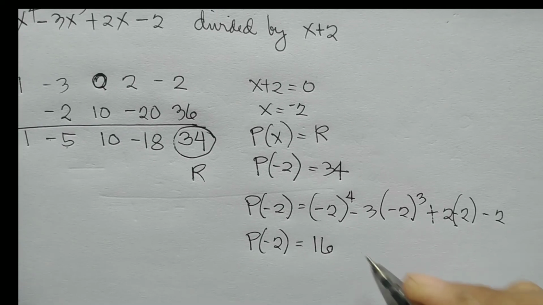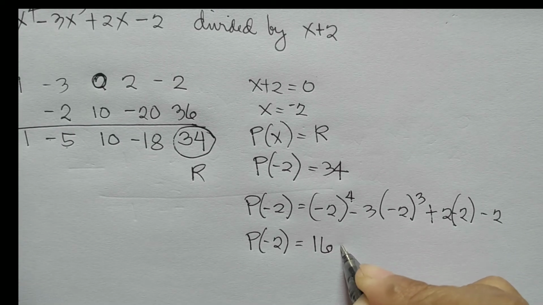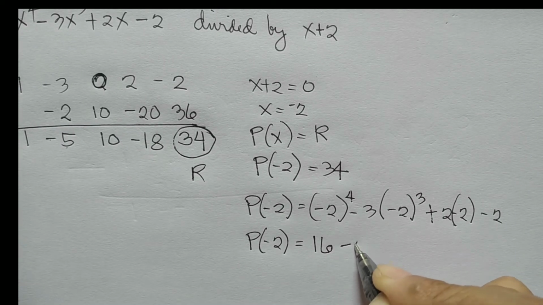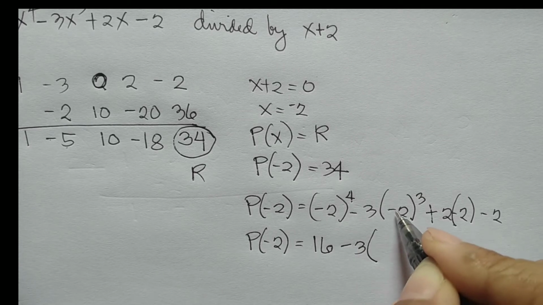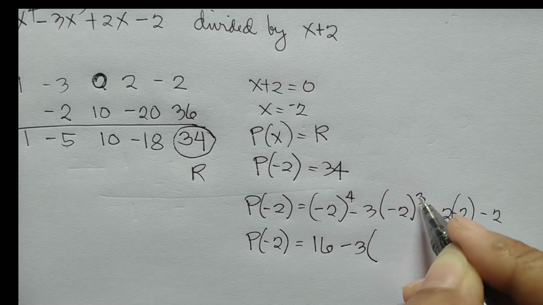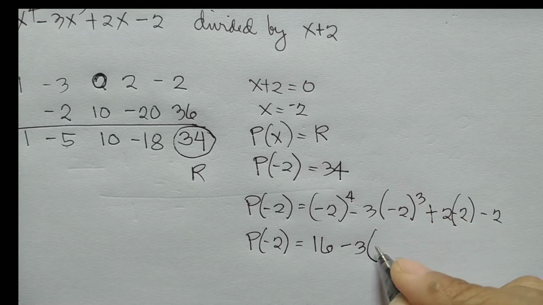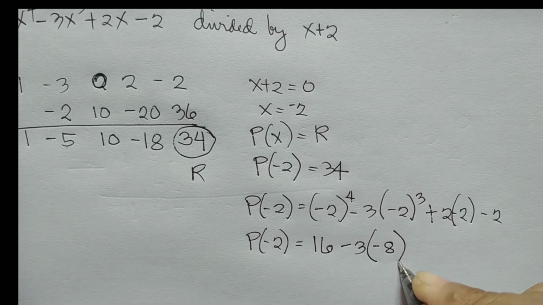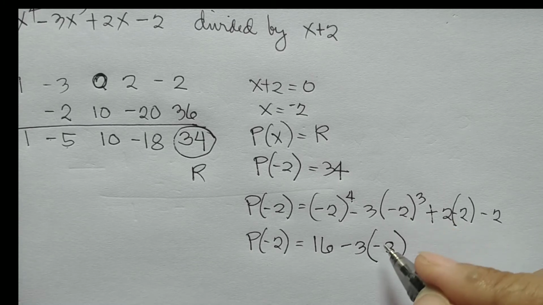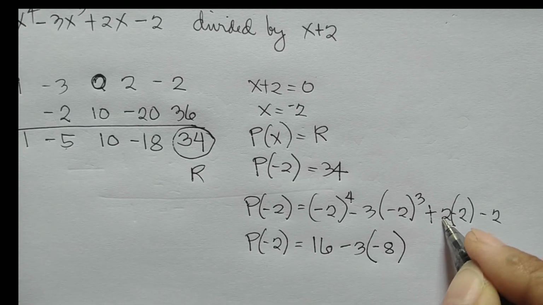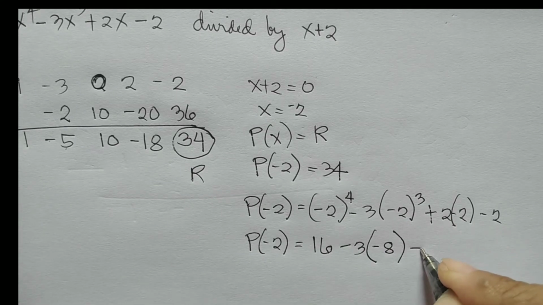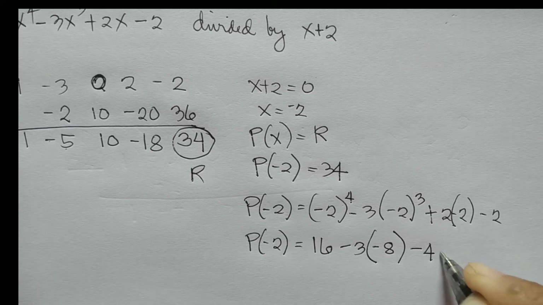And then negative 3 times, what is negative 2 cubed? Negative 2 times negative 2 times negative 2 is negative 8. Then we have 2 times negative 2. It gives us negative 4 minus 2.